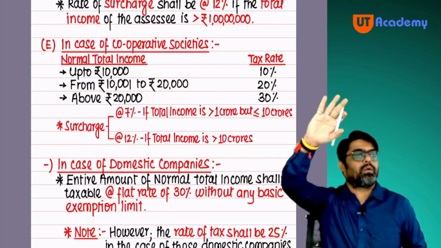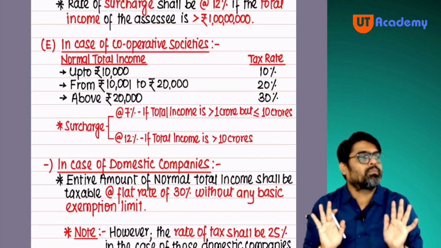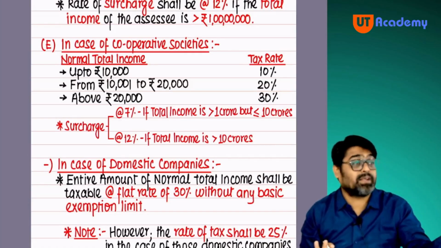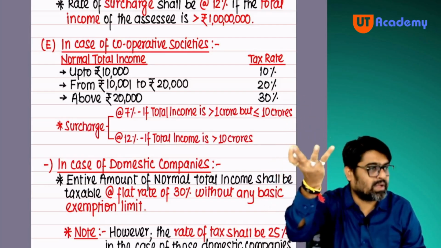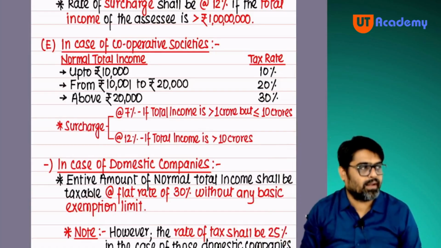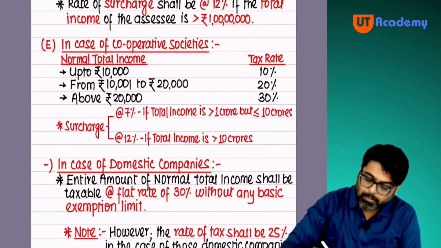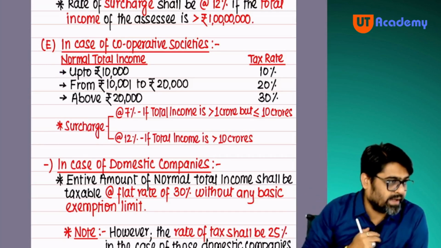What is the tax rate? First of all, you calculate your total income. Special income has a special rate. On the normal total income, what rate will you apply? Normal rates. So these are the normal rates.